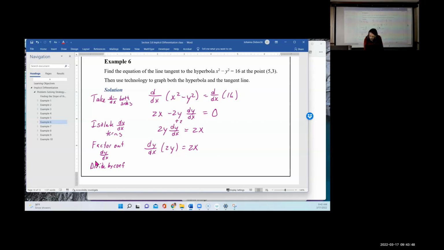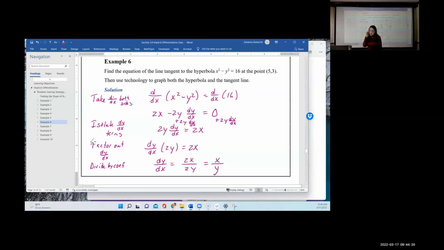And then I swap sides. So I moved it to the right, and then I just swapped which one was on which side. So it should still be positive. Okay. And when we divide by the coefficient, we end up with 2x divided by 2y, which does reduce to x over y.